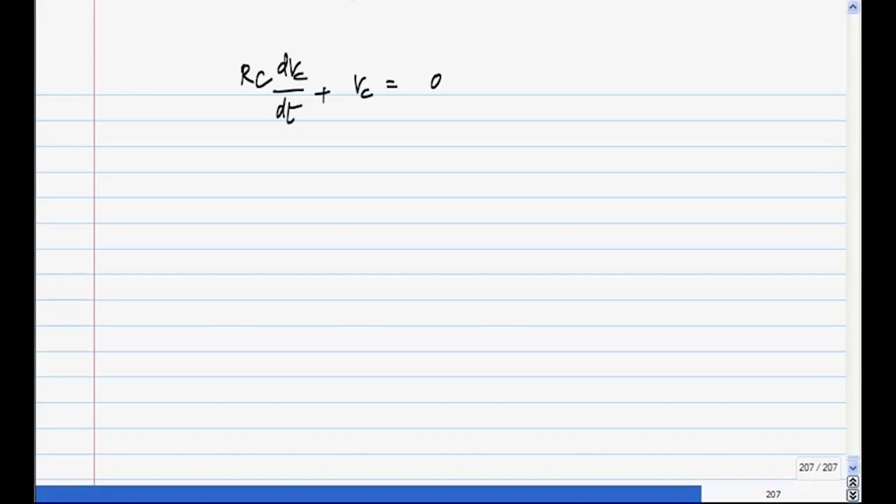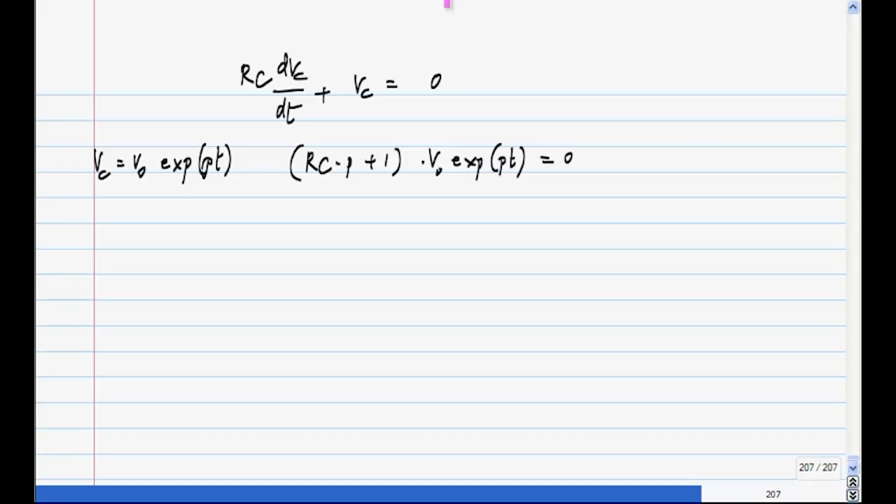This was the homogeneous equation, and if I assume Vc is V0 exponential P times T, okay, I would get Rc times P plus 1 V0 exponential Pt equals 0. So values of P which satisfy this whole thing equals 0 will satisfy the differential equation, and obviously P is minus 1 by Rc.